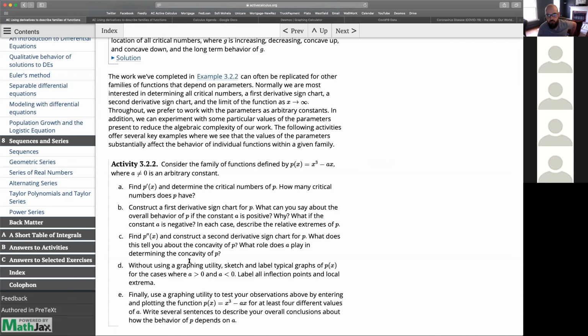Similarly, we could then graph this on Desmos, and you'll have a slider a, and you could see the different values of the function. But in order to precisely pinpoint those local maxes and mins, we want to do that analysis by hand or algebraically in general, because numerically it would be hard to find those maxes and mins without knowing what all the values are.